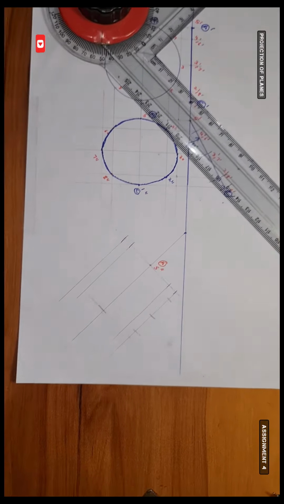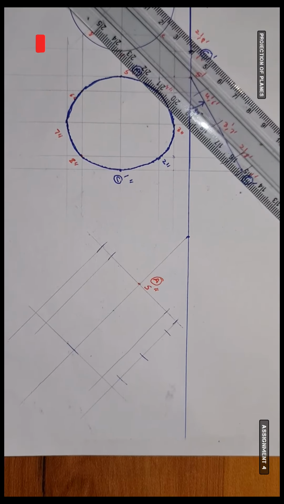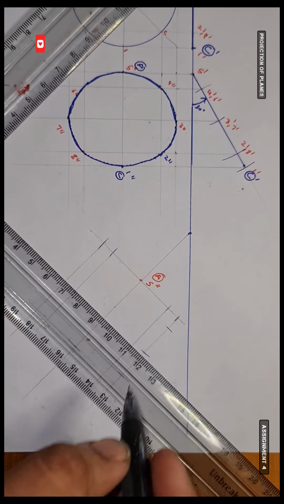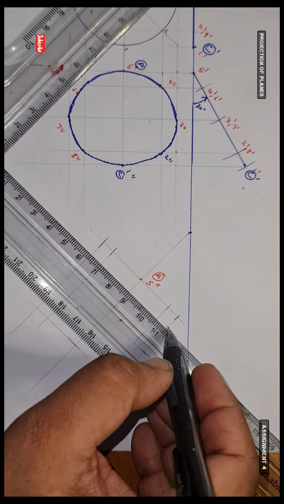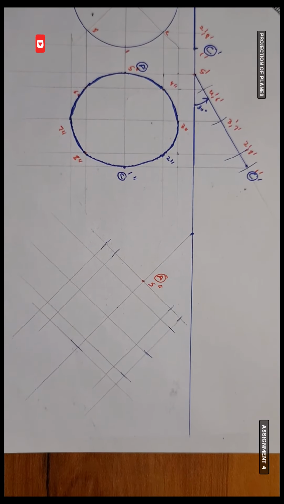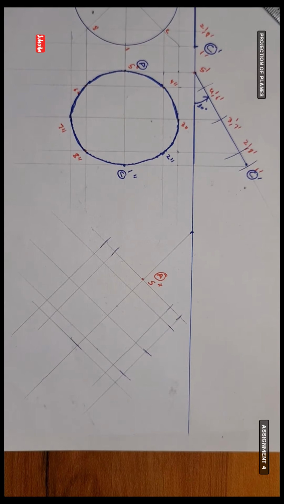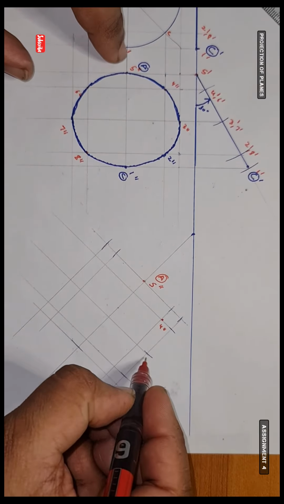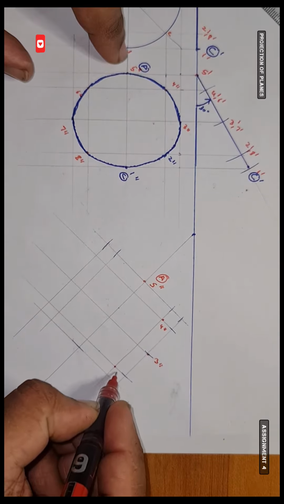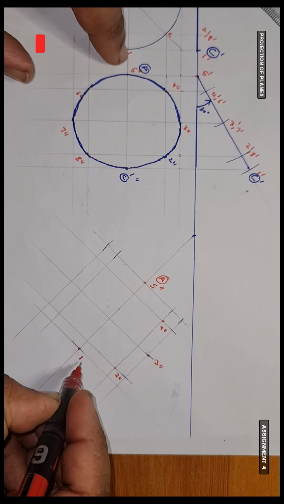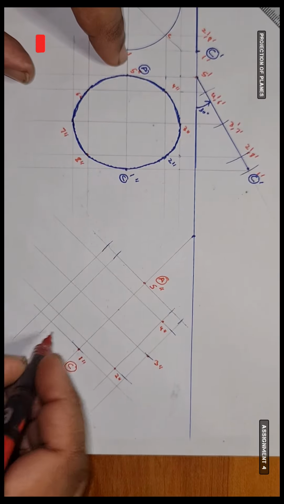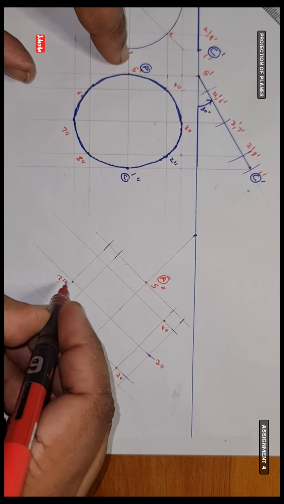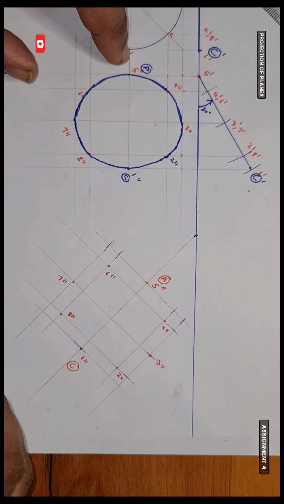Take a pencil over here and make a parallel lines like this. Okay, then mark your points like this is 5, this is your 4 double dash, this is your 3 double dash, this is your 2 double dash, this is your 1 double dash, it means C. Now this point would be 8 double dash, this point would be 7 double dash, this is 6 double dash.